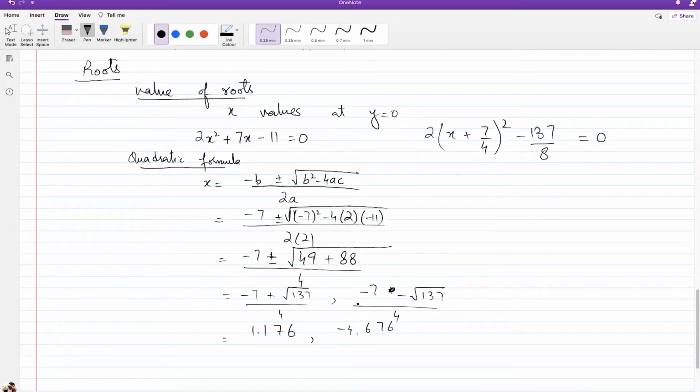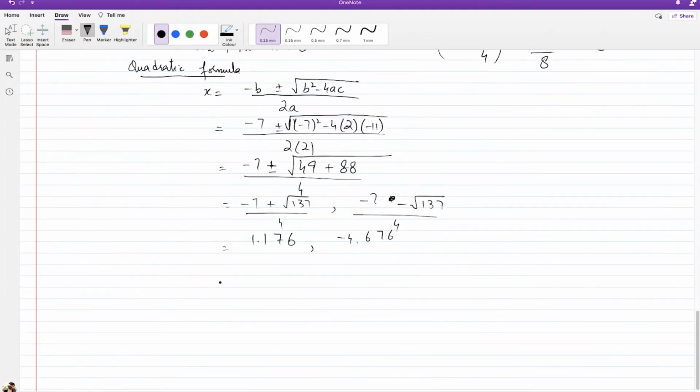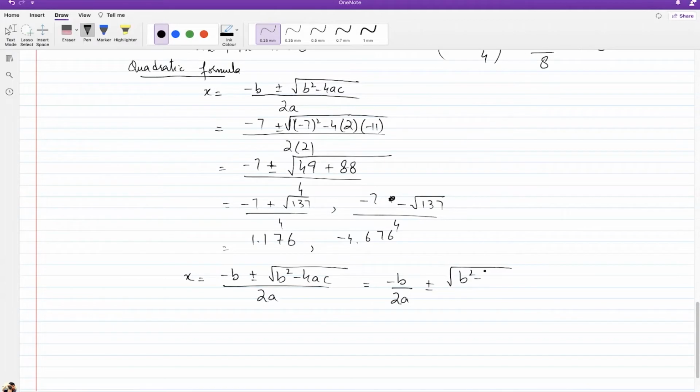Now here's something that I want to show you. Pay attention, please. Let's say we look at the quadratic formula. Minus b plus and minus square root b square minus 4ac over 2a. Let me break it down. Let me make it minus b over 2a plus and minus square root b square minus 4ac over 2a. All right. Now, do you see that this is h, right?